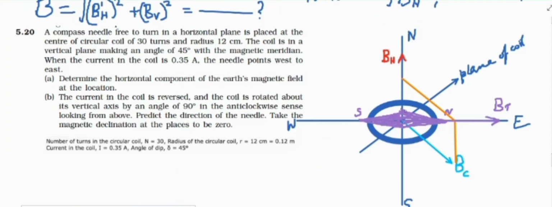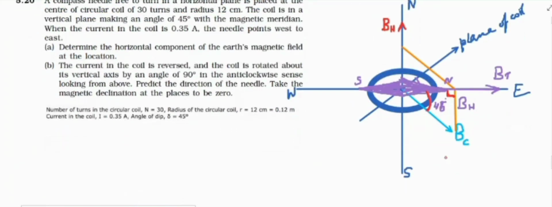This angle is 45 degree, next angle is also 45 degree, and here this angle is also 45 degree. 45 degree, and this side is BH, so here also it is BH, and here it forms a right angled triangle, and already we have seen this angle will be 45 degree.